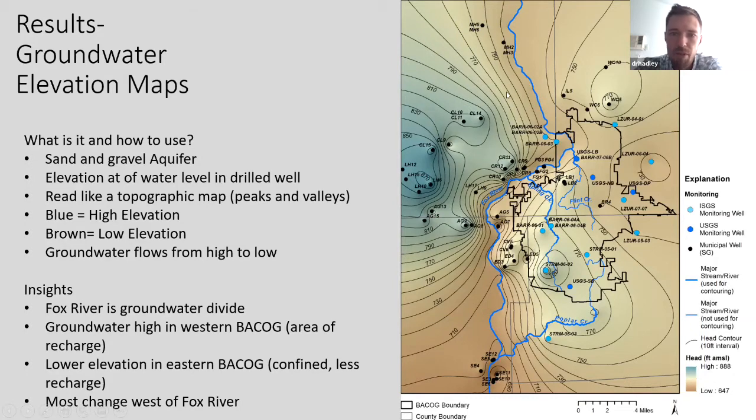This aquifer can be depleted in a sense, but it probably wouldn't affect the BACOG region too much, considering that the Fox River is basically like this divide here. It would have to take a substantial amount of drawdown in here to really affect what's happening in BACOG.